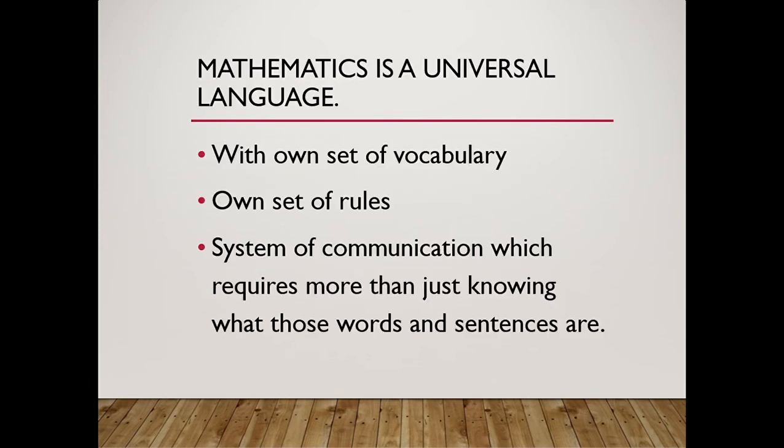Now let us proceed to the mathematics is a universal language with own set of vocabulary, own set of rules, system of communication which requires more than just knowing what the words and sentences are.